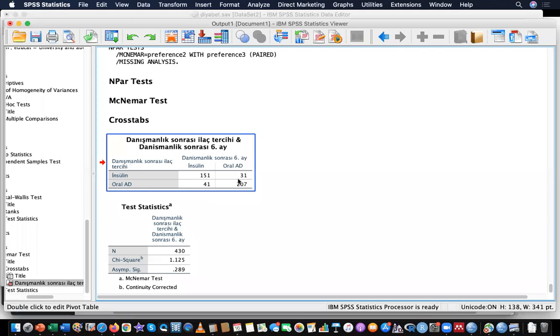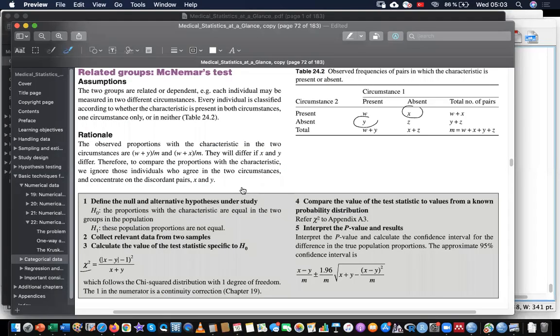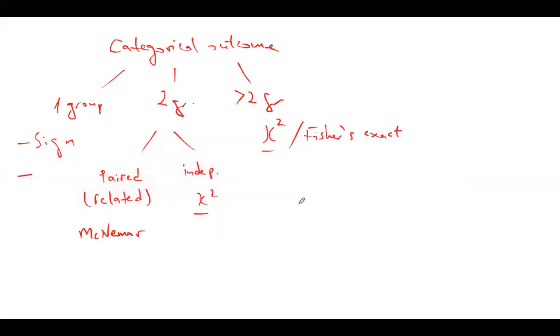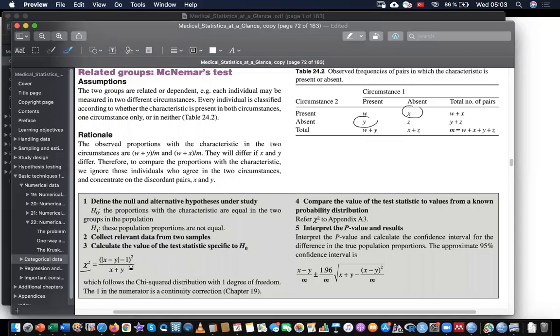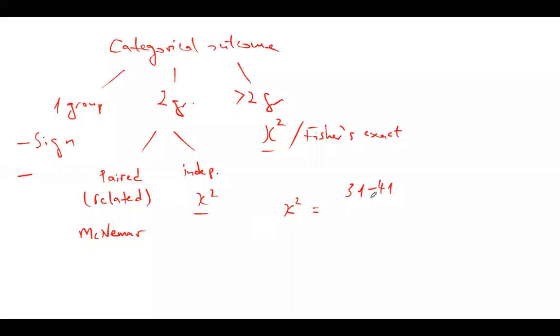So in my case, it is 31 minus 41. Here, in my example, the McNemar chi-square would be 31 minus 41, okay? There is a minus 1 here. This is called the continuity correction. But if you have a large sample size, like 30, 40 people, minus 1 would not change much.